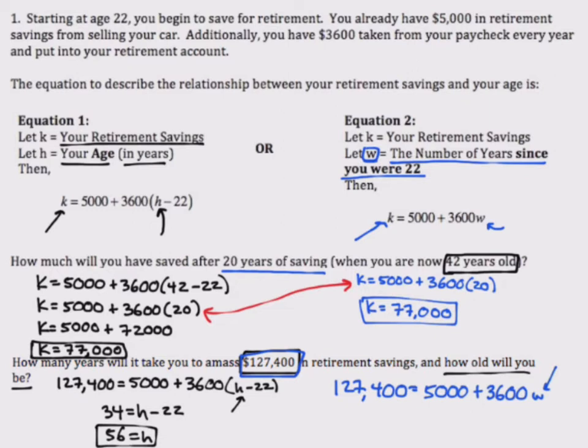And when you solve this equation, you find 34 equals W. And note that this doesn't mean that your age is 34. This means it's 34 years since you started saving at 22 years old. So of course, that means you'll be 56. We end up with the exact same answer.